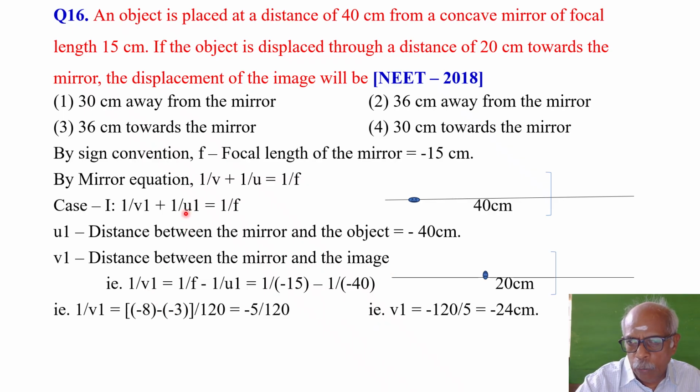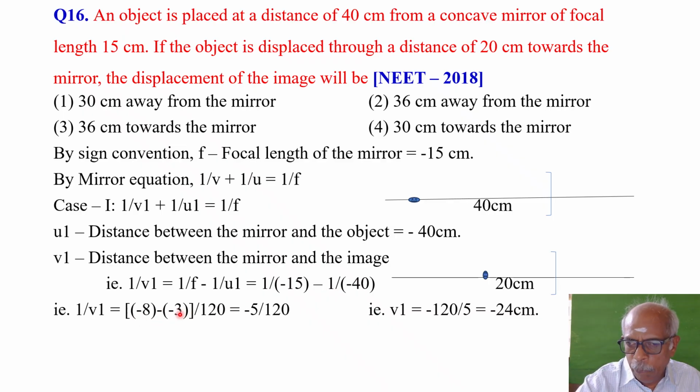So 1 by v1 is equal to, you bring 1 by u1 to the other side, it will become minus. So 1 by v1 is equal to 1 by f minus 1 by u1, which is 1 by minus 15 minus 1 by minus 40. What is the LCM for 40 and 15? 120. 8 into 15 is 120, 3 into 40 is 120.